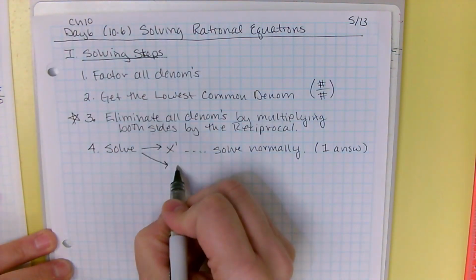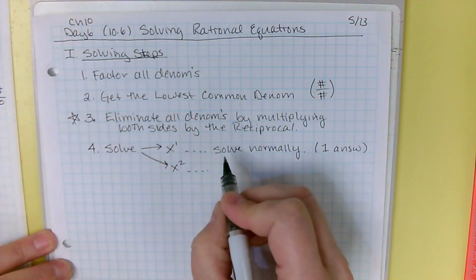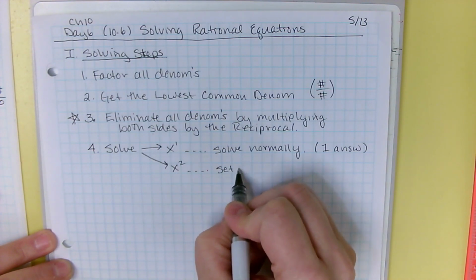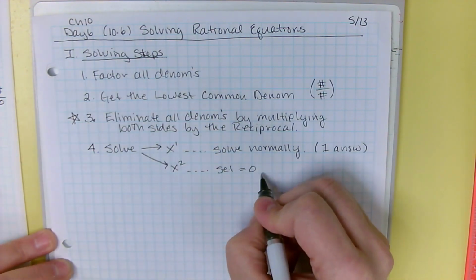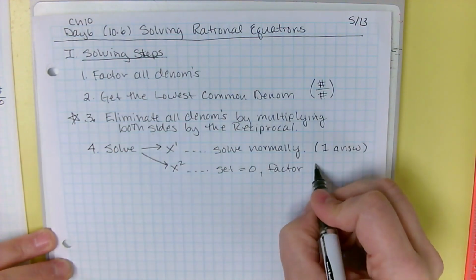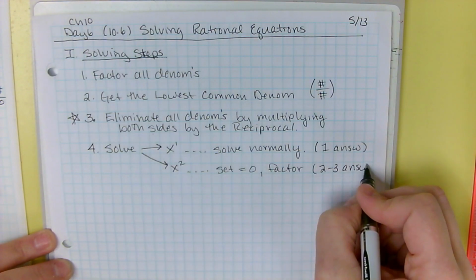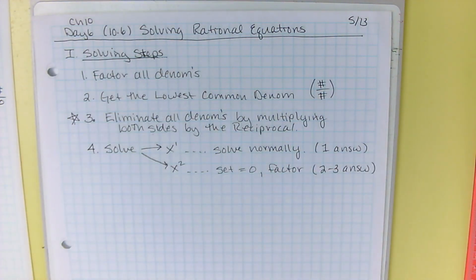If it has an x squared in it, then you're going to add or subtract so that you set it equal to 0, and you're going to factor to solve.